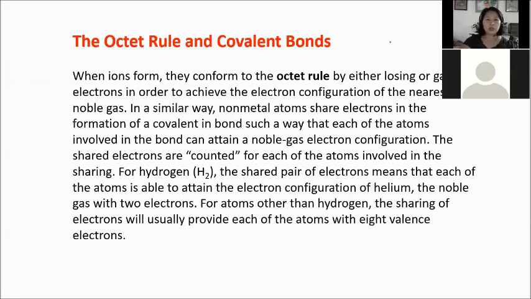So, what about the octet rule and covalent bonds? When ions form, they conform to the octet rule by either losing or gaining electrons in order to achieve the electron configuration of the nearest noble gas. For hydrogen, as I said a while ago, it attains the configuration of helium by sharing electrons.